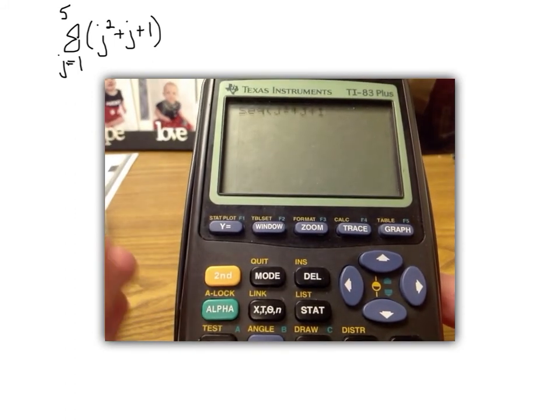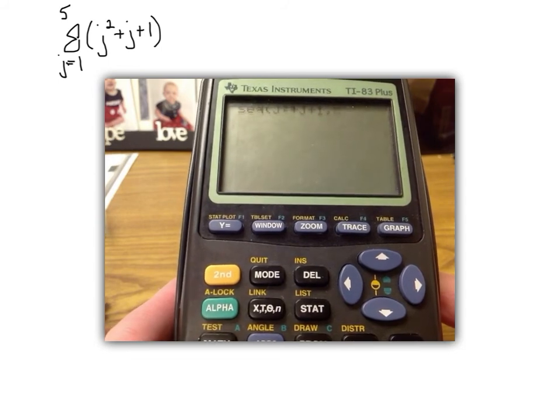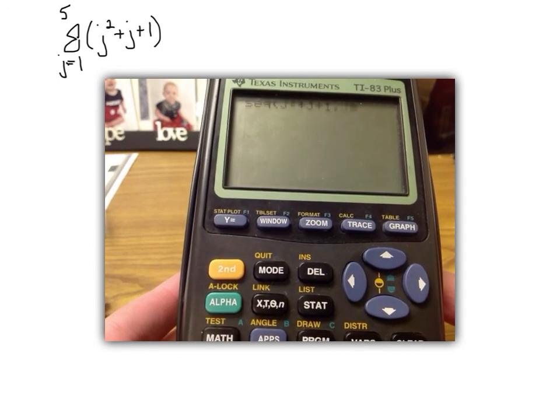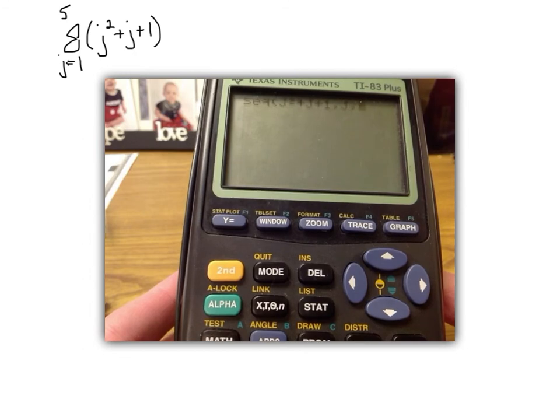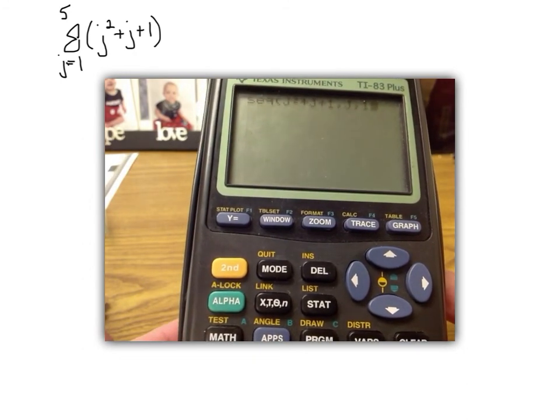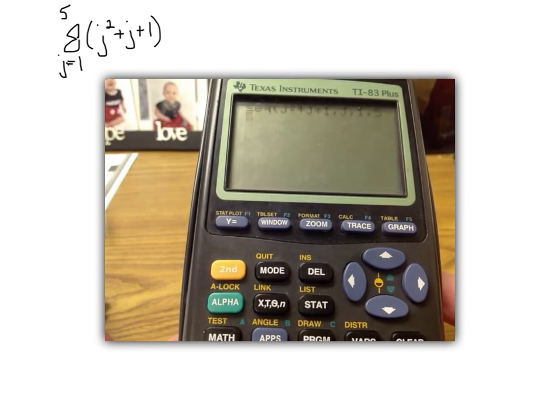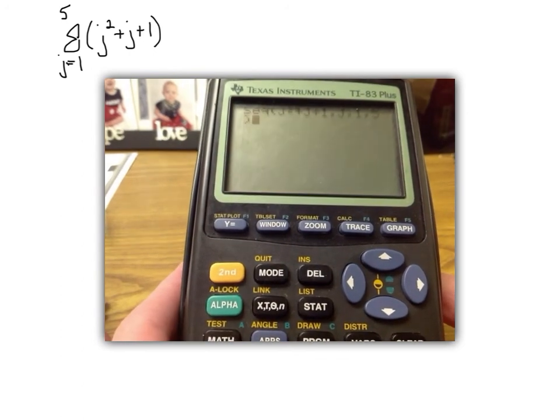There we go. Now from here you have to put a comma. And you have to tell it, okay, well I want to use j, so you put j in again, comma. I'm going to go from 1, comma, up to 5, and then you are going to close your parentheses.